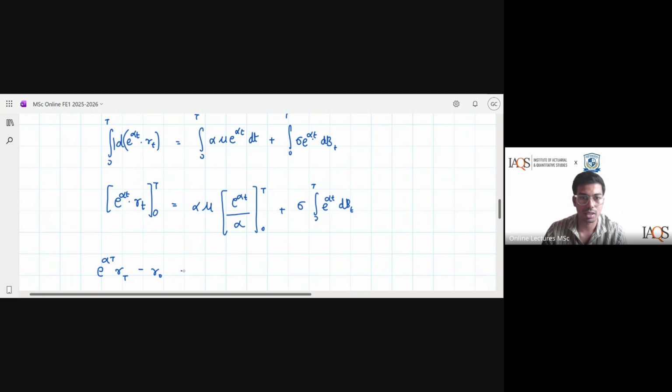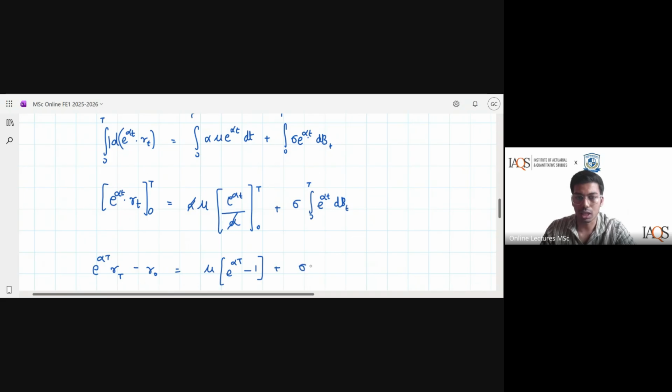So this is equal to α. Do I cancel it out directly? Because this α is a constant, this α and this α will get cancelled. What am I left with? μ into (e^{αT} minus 1) plus this I can't solve, so I'll write this as this.